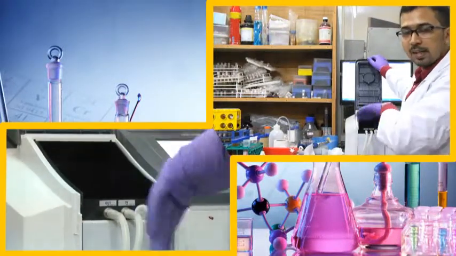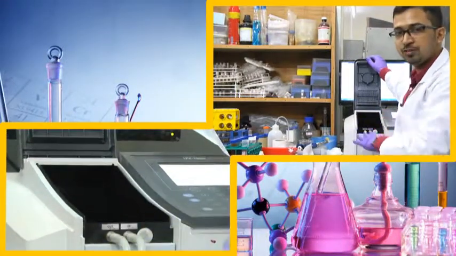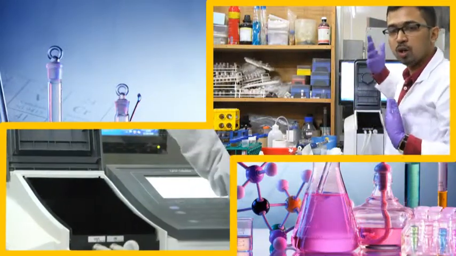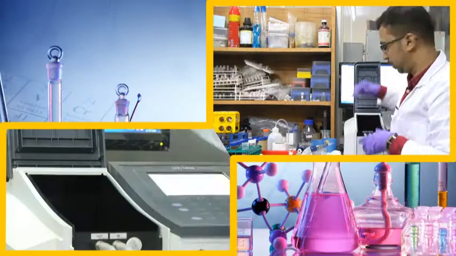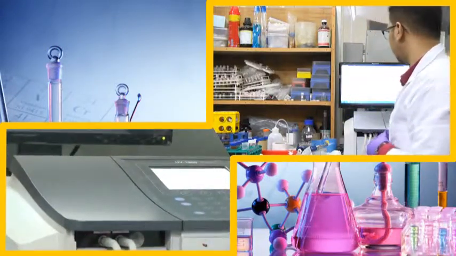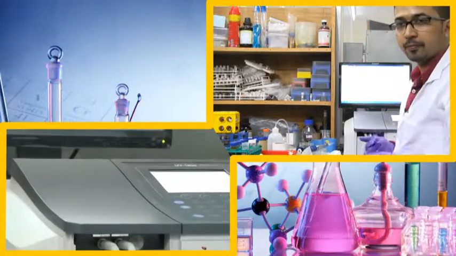The inner part of this UV compartment is pretty much the same as that of the previous instrument. There are two holders, one for control and the other for sample. We are closing this and moving on to the screen.